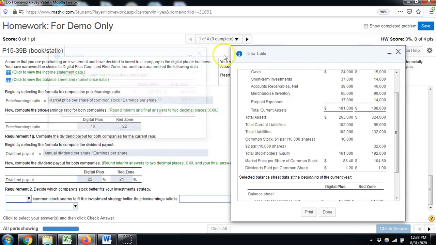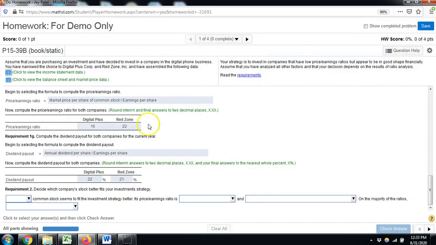Okay, so I think it's pretty much done with asking us to compute ratios. Now, decide which company stock fits your investment strategy better. So our strategy is stated here. Your strategy is to invest in companies that have low price to earnings ratios but appear to be in good shape financially.